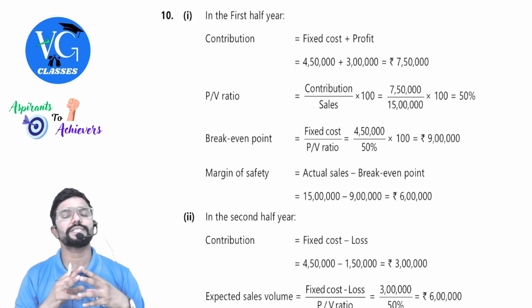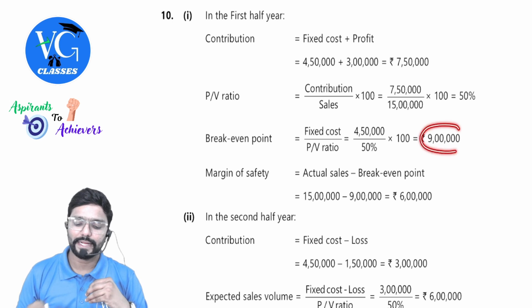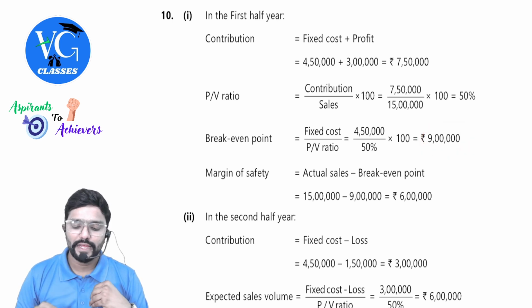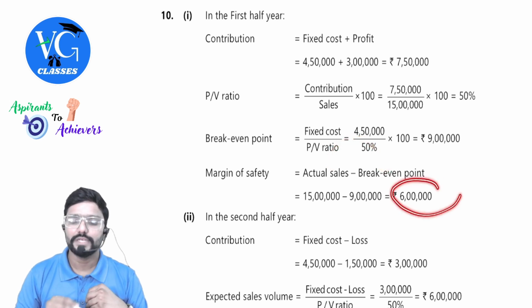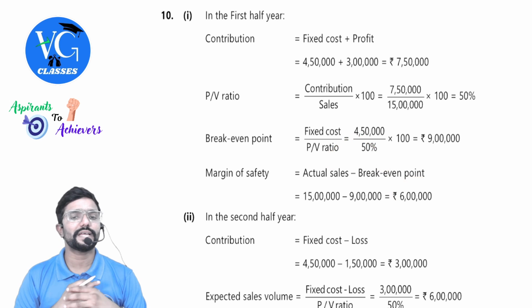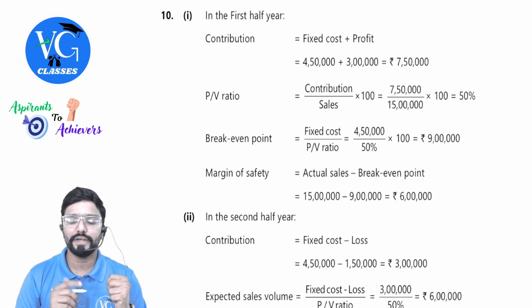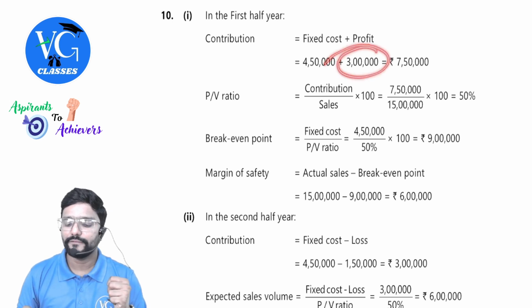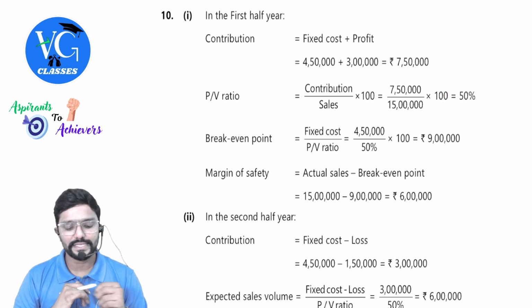Break-even point, fixed cost divided by PV ratio, which is equal to 9 lakh. Then margin of safety, actual sales minus break-even sales, which will give you 6 lakh. Or else you can also calculate it as profit divided by PV ratio. How much is profit? 3 lakh divided by 50%. You will get 6 lakh.